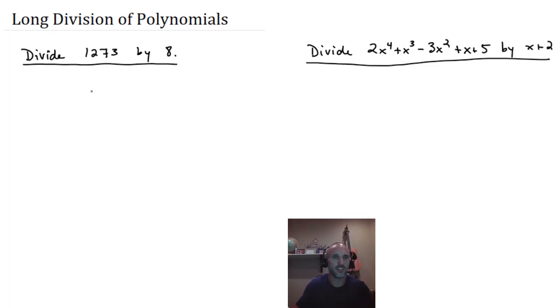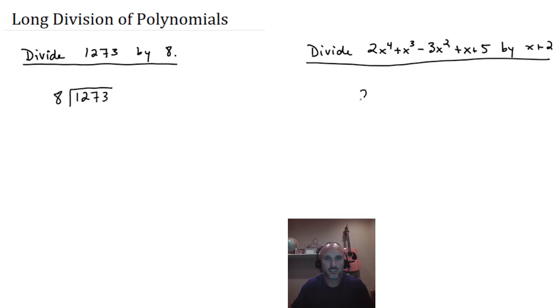So let's start with the numbers that we're familiar with. So we've got 1273 divided by 8. We're going to set it up with 1273, which is our dividend. What's underneath the division symbol is the dividend, divided by 8, which is the divisor.